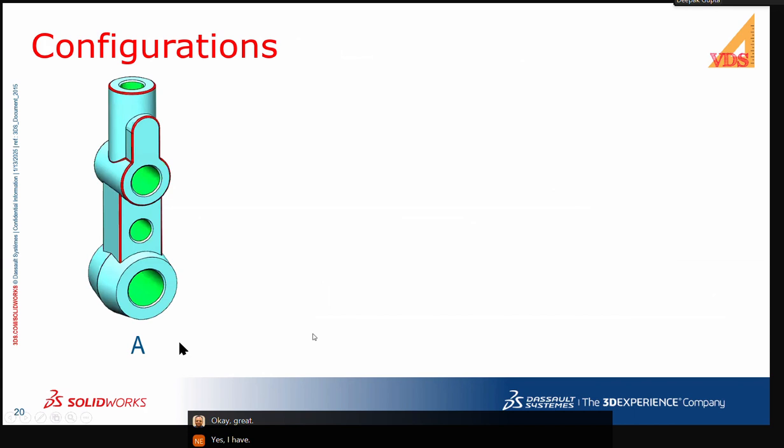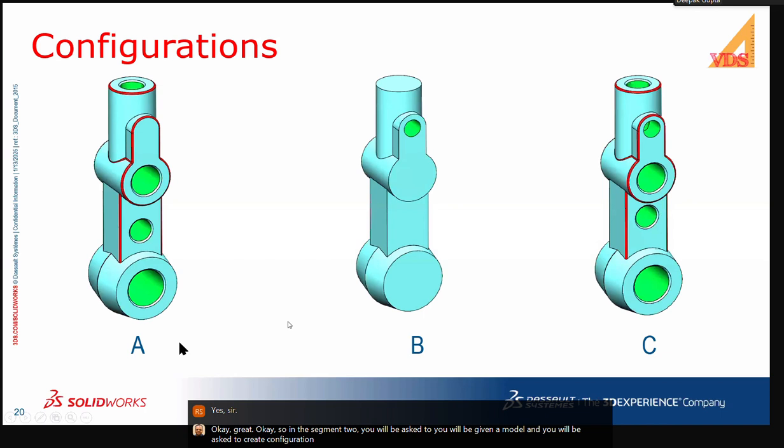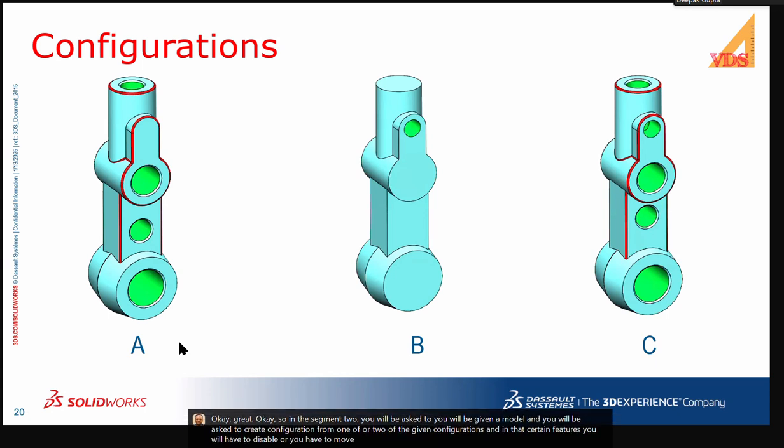Okay, so in segment two, you will be given a model and you will be asked to create a configuration from one or two of the given configurations. And in that, certain features you will have to disable or move, or add a feature.